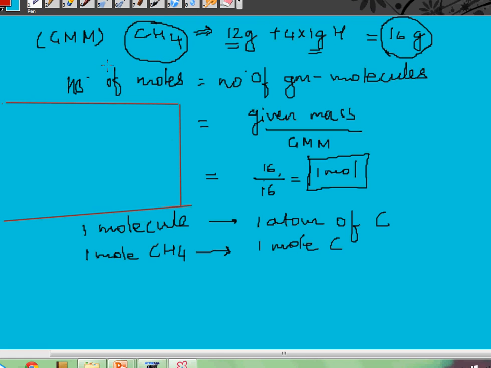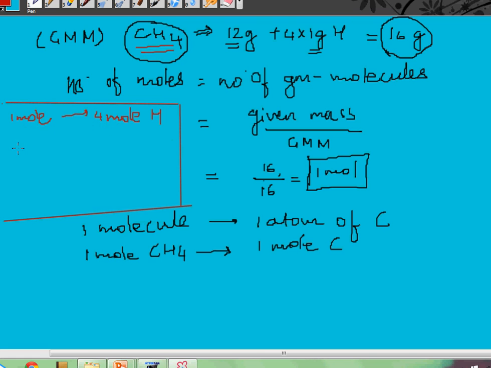So we have CH4. 1 molecule of CH4 has 4 atoms of hydrogen. So 1 mole of methane has 4 moles of hydrogen atoms. So this implies 16 gram of methane, which was 1 mole, has 4 moles of hydrogen.